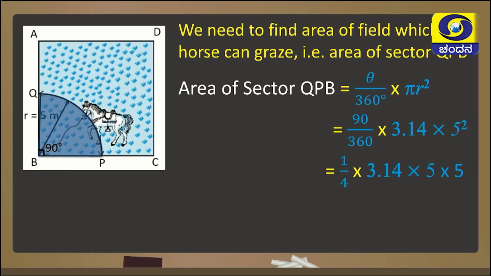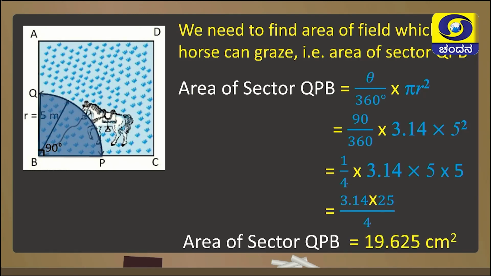So, the next step is 5 into 5 is 25, 3.14 into 25 divided by 4. Multiply 25 and 3.14 and divide that answer by 4. You are going to get the area of the field which horse can graze when the length of the rope is 5 meter. I think while I am explaining, few of you have already multiplied and divided by 4 to get the answer. Yes, your answer is correct.